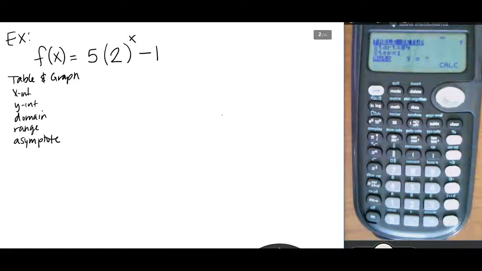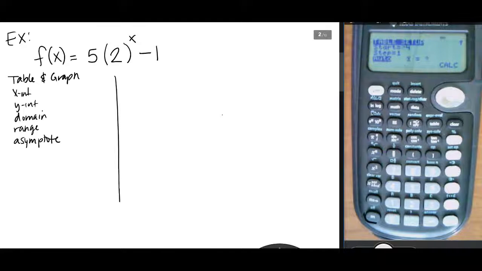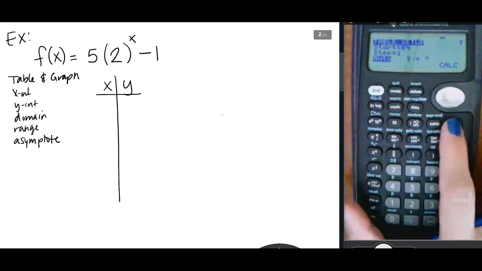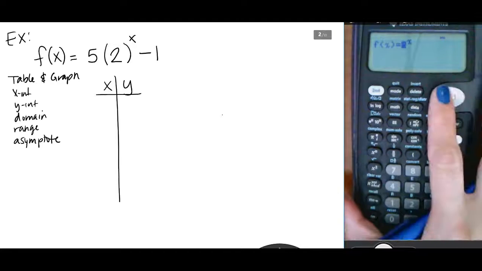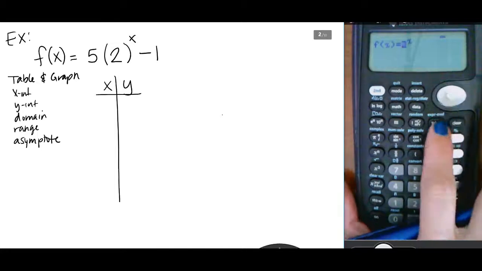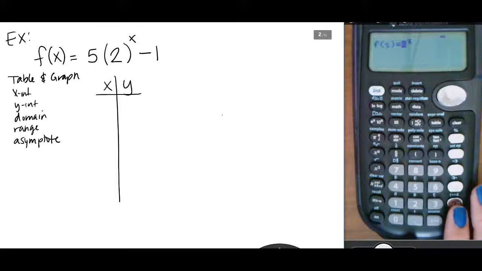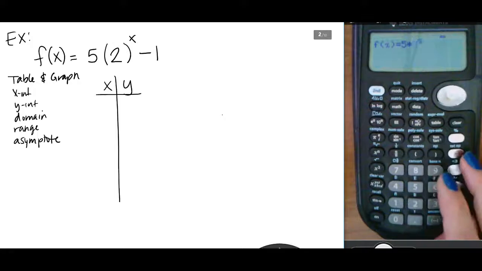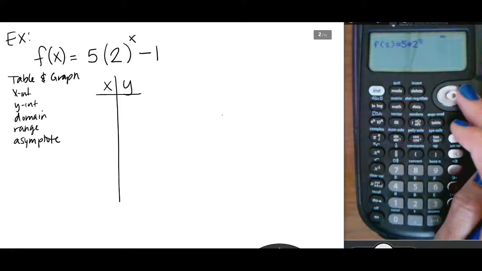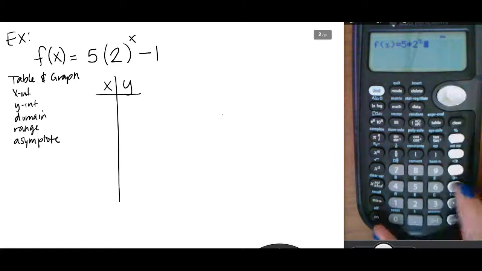So hopefully you paused and tried it on your own. And now coming back, first thing you want to do is make a table. And the table, easy enough as long as we're doing it with our calculator, right? So table, I'm going to go ahead and edit my function. I need 5 times 2 to the x power minus 1.